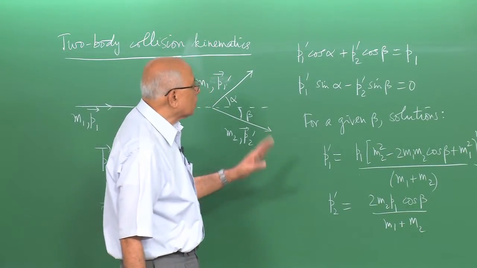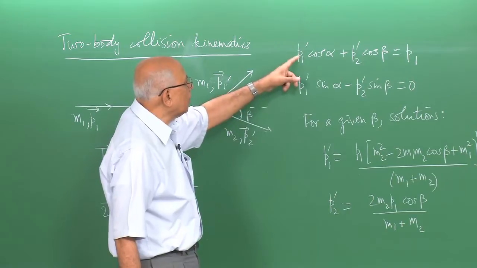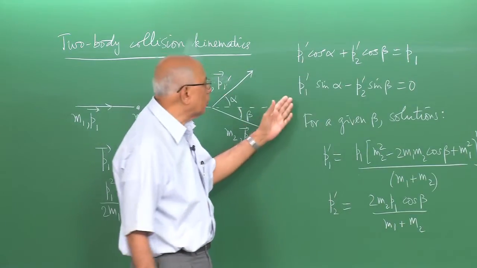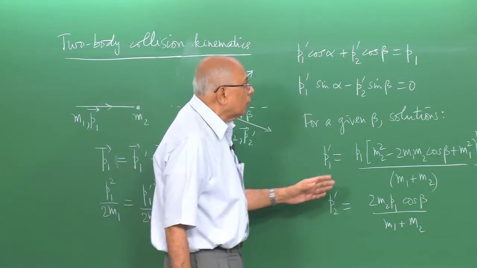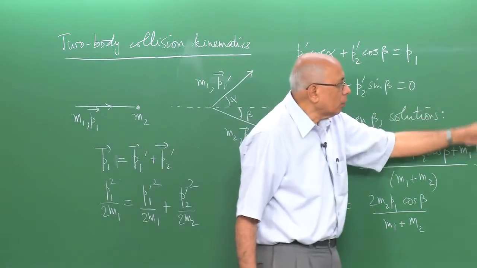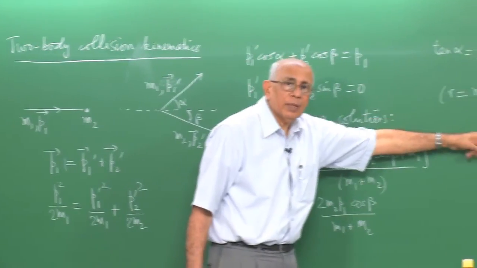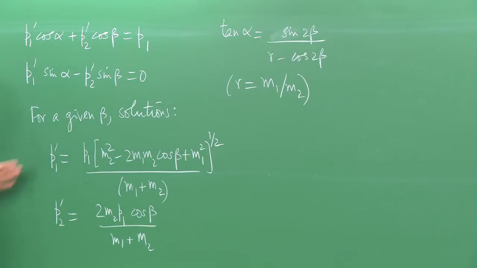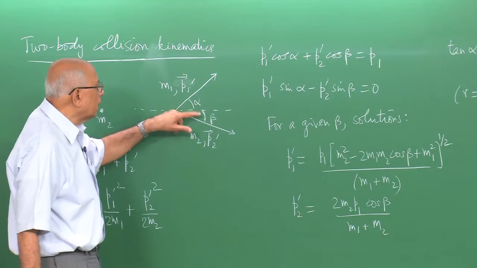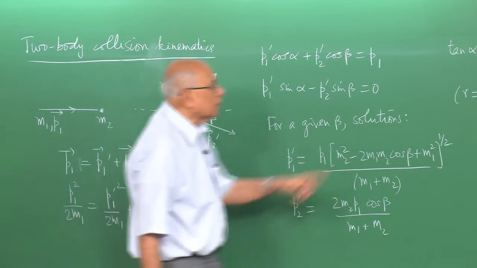To simplify the algebra, define p1 prime over p1 as some x and p2 prime over p1 as some y, and then define the mass ratio r to be the mass of the projectile divided by the mass of the target, m1 over m2. Then p1 prime has this solution in terms of beta and p1, and p2 prime has this solution in terms of beta and p1. Moreover, the angle alpha is related to the angle beta by this expression here.